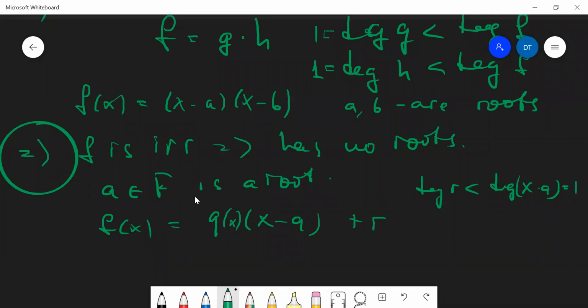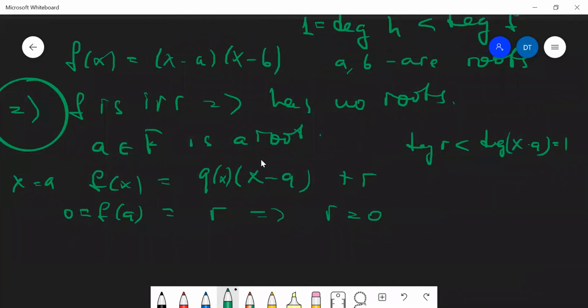But now, if you substitute here x to be a, then f of a is 0, because we assume that a is a root. But on the other hand, it equals r, because the first summand is 0, x minus a goes to 0. So in this case, we prove that r is equal to 0, which means that f of x is a product of q of x and x minus a.